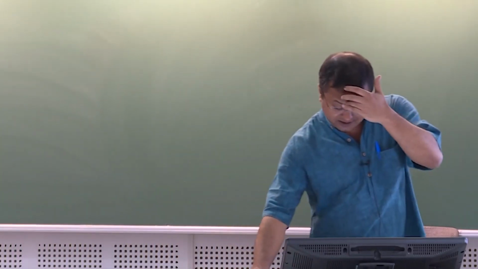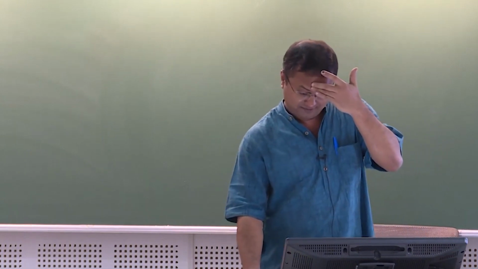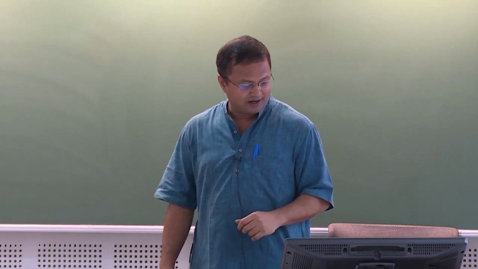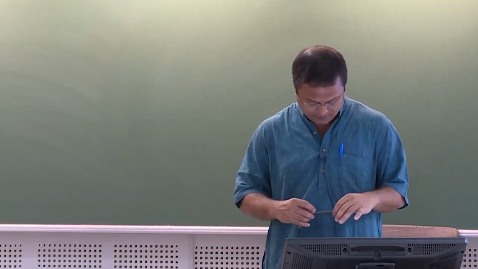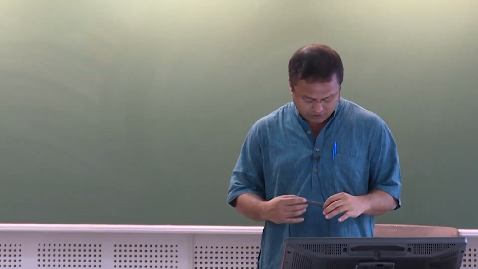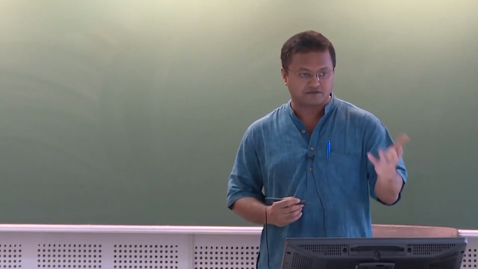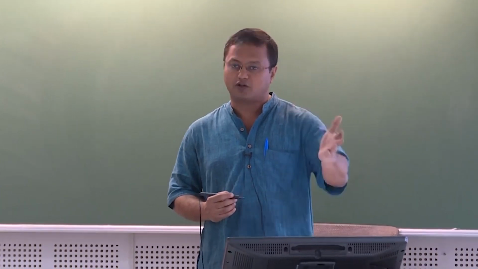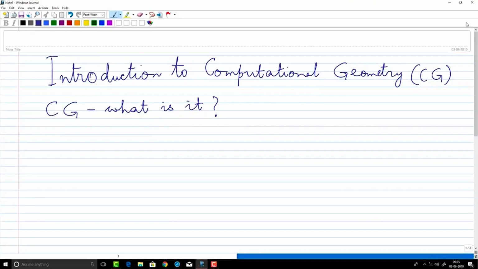Computational geometry is a 40 years old subject, I would say. What it deals with is like your graph algorithms. So, graph algorithms deal with graphs, right. Computational geometry deals with geometric objects. What are they?